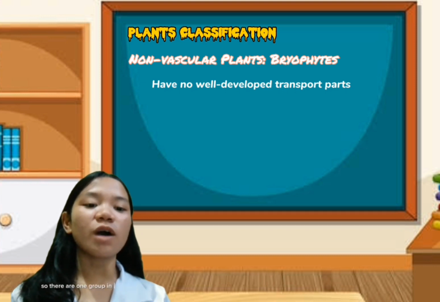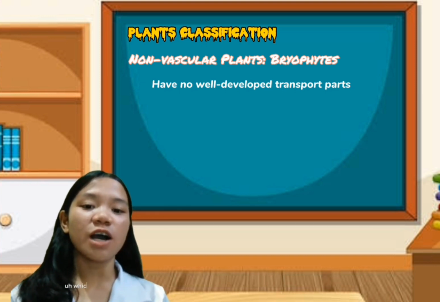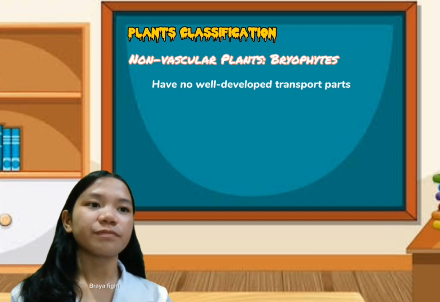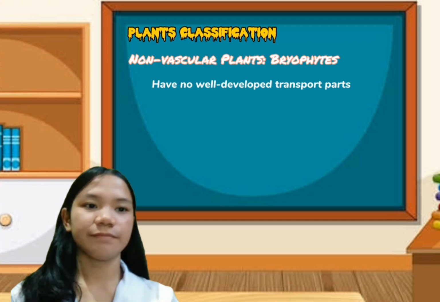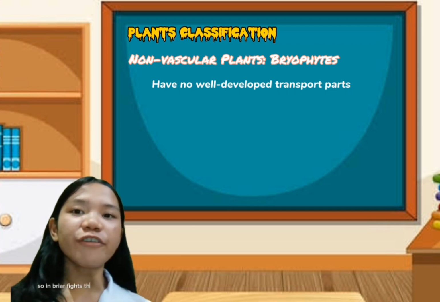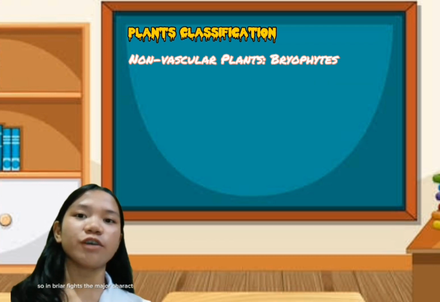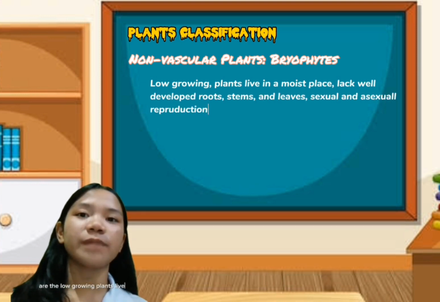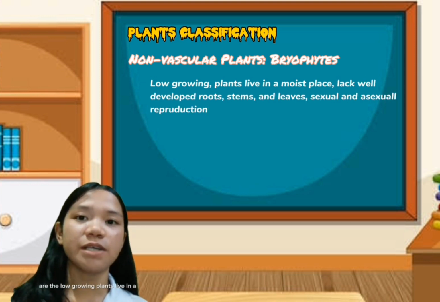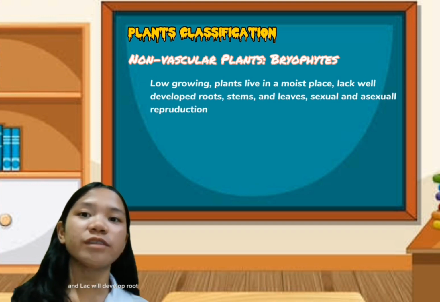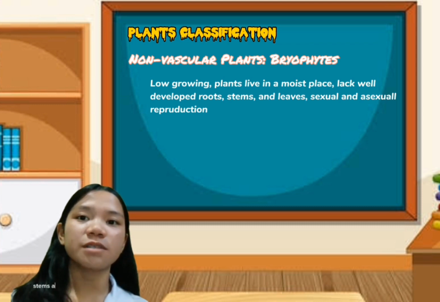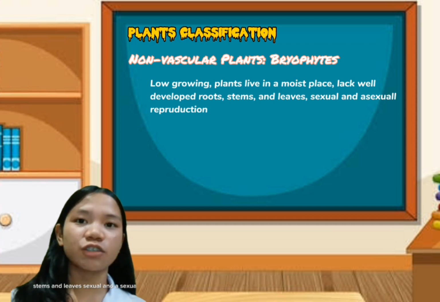There is one group in non-vascular plants, which is the bryophytes. The major characteristics of bryophytes are low-growing plants that live in moist places and lack well-developed roots, stems, and leaves, with sexual and asexual reproduction.